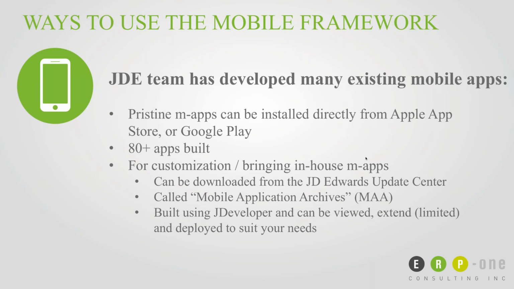So writing mobile apps would take a long time to do from the ground up, and the JD Edwards team recognized that. So they pre-built a number of different applications for you. As of the time of this recording, there are 80 plus apps already built for interfacing with JD Edwards. These apps tend to be very small. I like to think of them as micro apps.